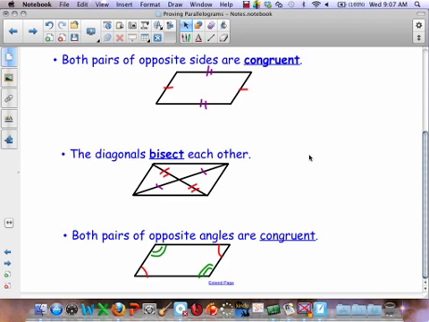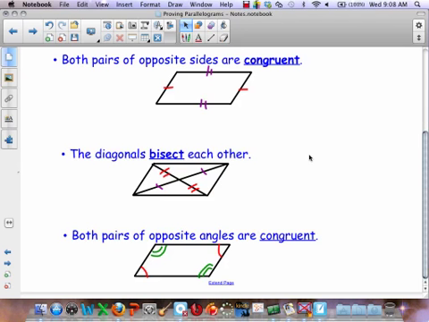Yesterday you were told ABCD is a parallelogram, go solve for X. What you're going to be asked to do today is find the value of X that makes ABCD a parallelogram. So you see that slight change. We have to find values that will guarantee us that this will be a parallelogram.